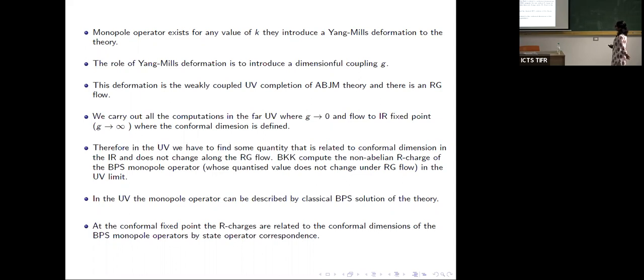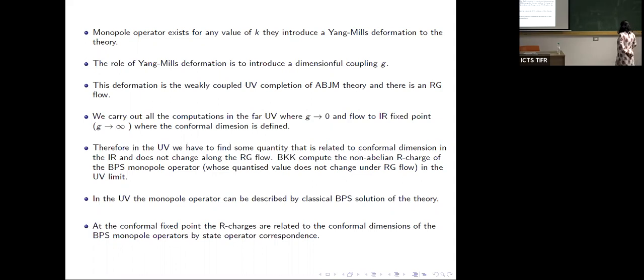Now, since we want to find the conformal dimension of the monopole operators, which is valid in the IR, and we are doing all the computations in the UV, we need to compute some quantity in the UV that is related to the conformal dimension in the IR and does not change along the RG flow from small g to large g. That quantity is the non-abelian R charges of these BPS monopole operators. Since these charges are quantized, they take quantized values and do not change along the continuous RG flow in the parameter g.